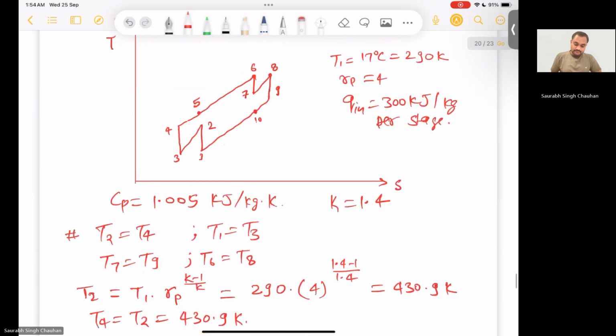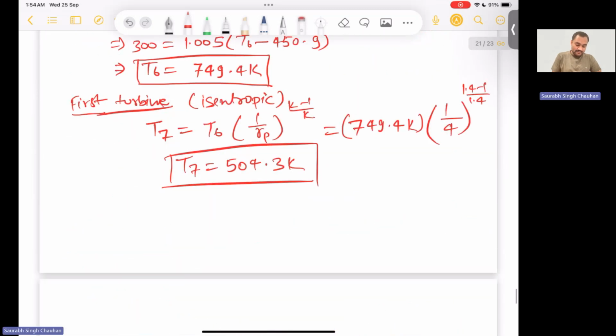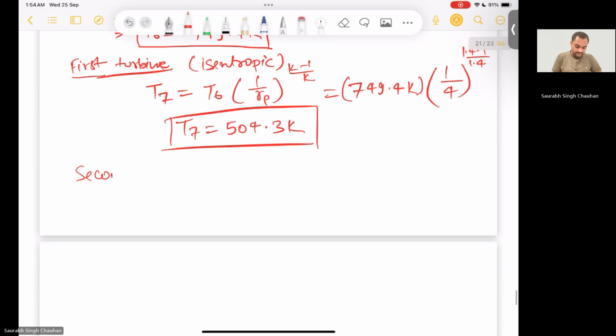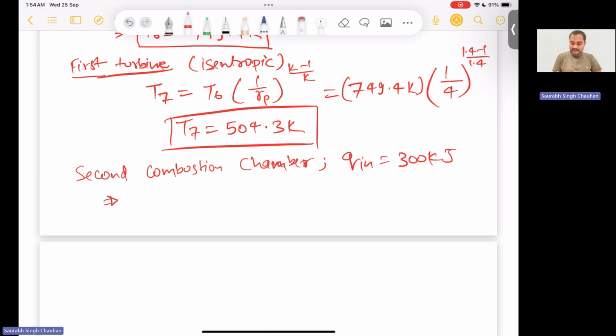So this was the first turbine. Now after the first turbine, you have the second combustion chamber. In the second combustion chamber there will also be a heat addition of 300 kilojoule per kg. This heat addition will increase the temperature, and the temperature at the outlet of the second combustion chamber will be T8 equal to T7 plus Q in divided by specific heat.